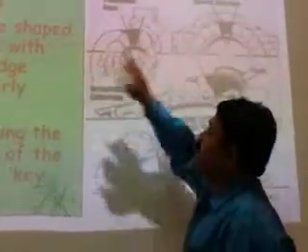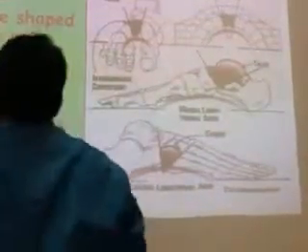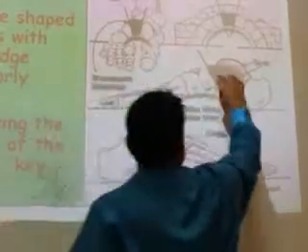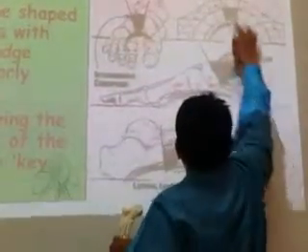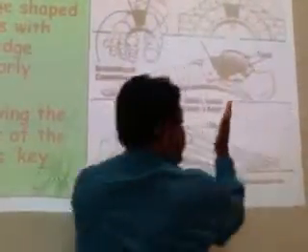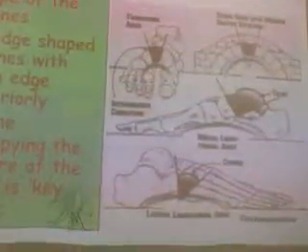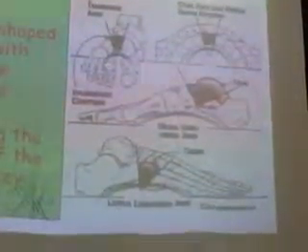The shape of the stones here, the shape of the bones here, is like this. Which shape? A stone with the thin edge anteriorly. Here the bones are also like this, isn't it?